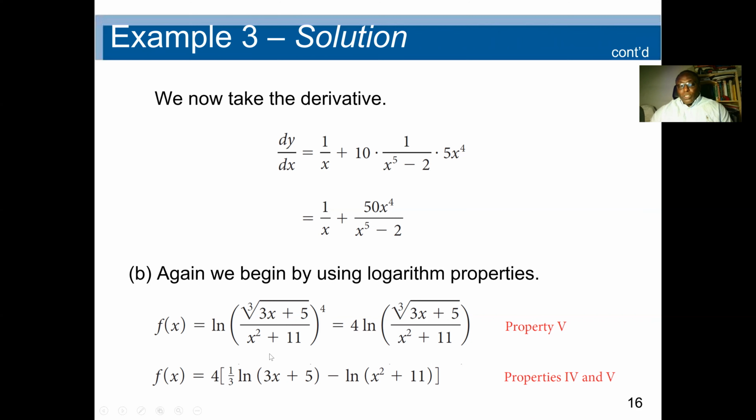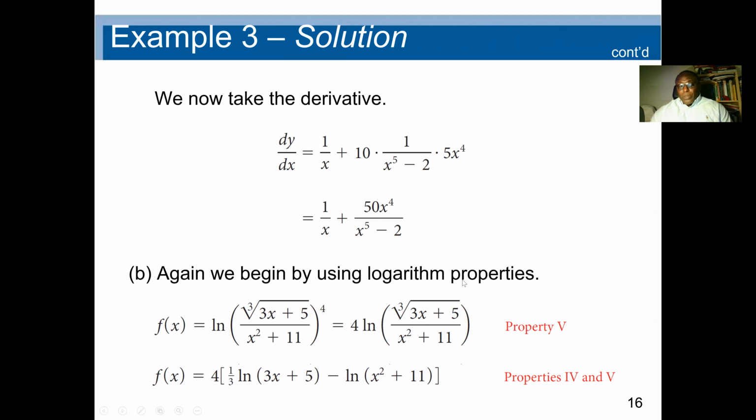Again, we don't want to touch the 4, so the 4 is out. And since this is the cube root, 1/3 also will come to the front. So 1/3 natural log 3x plus 5, minus the natural log of the down, x squared plus 11. The reason why we have 1/3 in the front is because cube root is an exponent of 1/3.